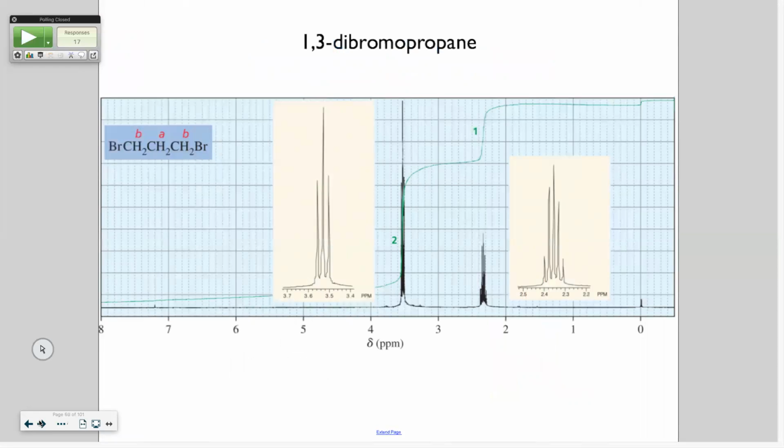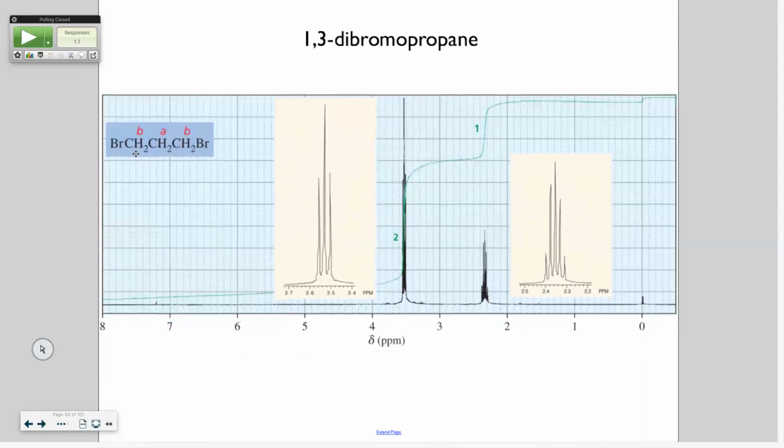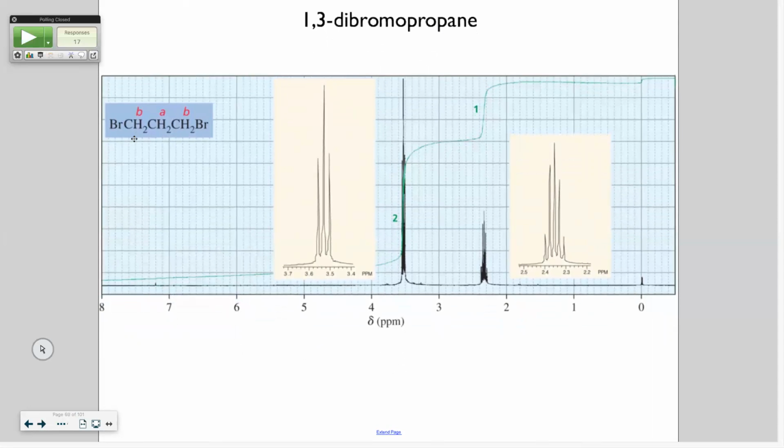Okay, so look at this compound. This is 1,3-dibromopropane. Okay, notice that there are how many kinds of hydrogens in that? 3. Does everybody agree with that? Make sure that you're on the pen before you move. Okay, these two are the same. Do you see the symmetry in there?